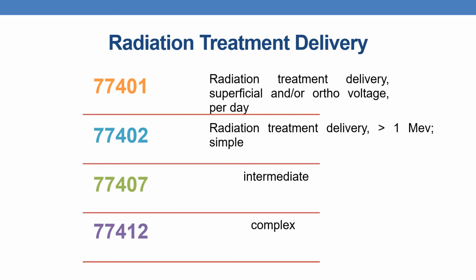Now coming to the various CPTs of radiation treatment delivery. The first CPT is 77401, which is radiation treatment delivery superficial and or ortho voltage per day. The next is 77402, which involves radiation treatment delivery greater than 1 megavolts, simple.